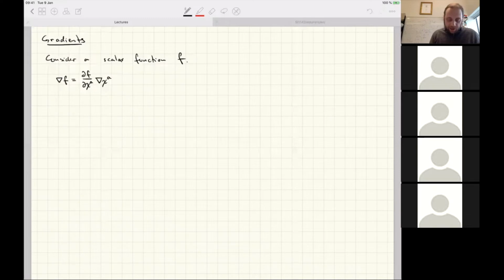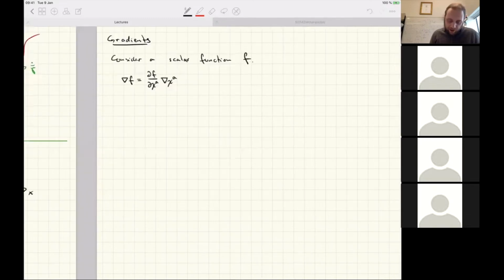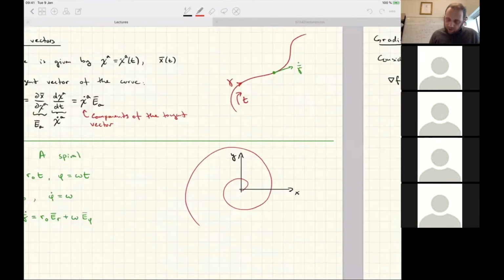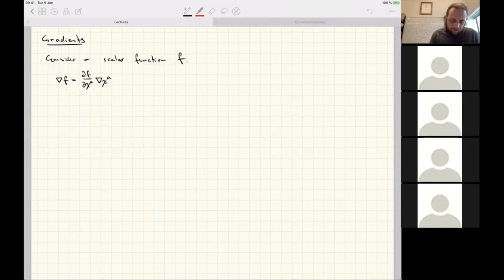And just as for tangent vectors, where we had this relation over here, for the gradients, this gradient of χ^a is our definition of the dual vector basis. So this is equal to df/dχ^a times e^a.